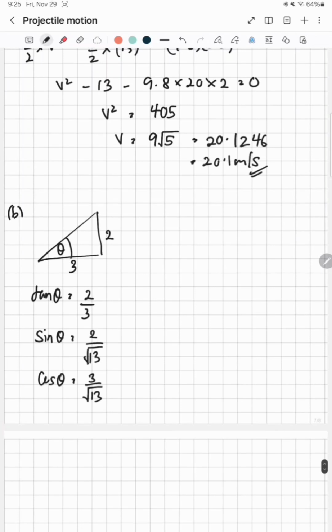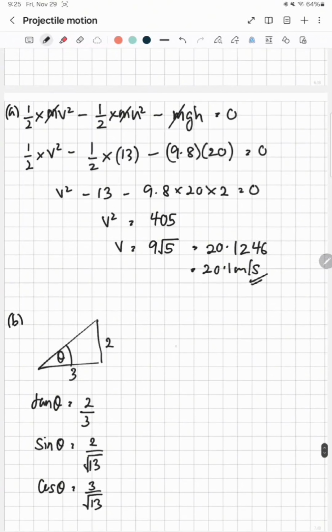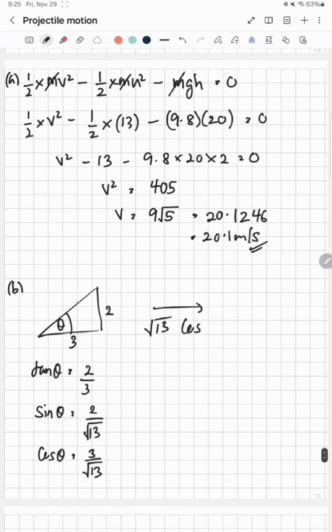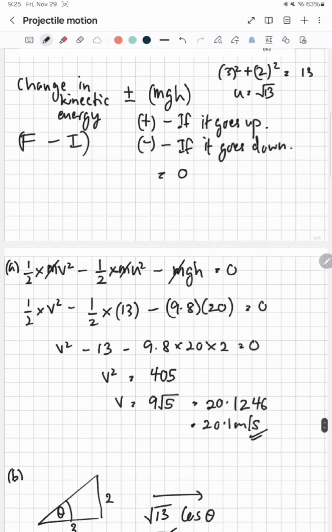Okay. So your horizontal velocity is root 13 cos theta, right? So it's root 13 times 3 over root 13, which is 3. That's your horizontal. I just wanted to show how you get it.